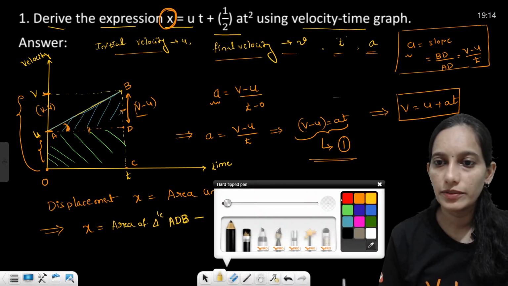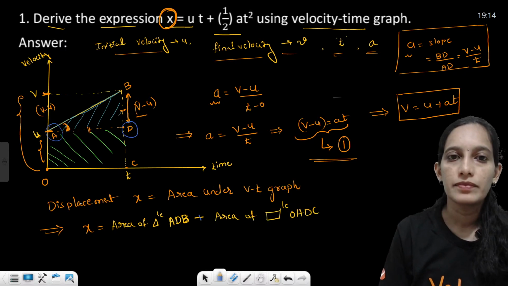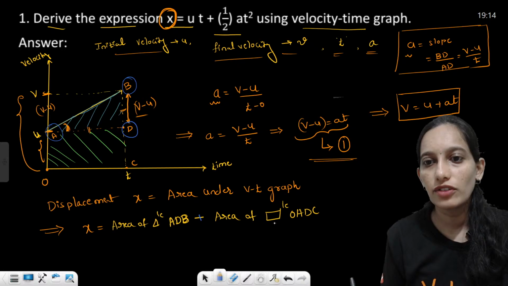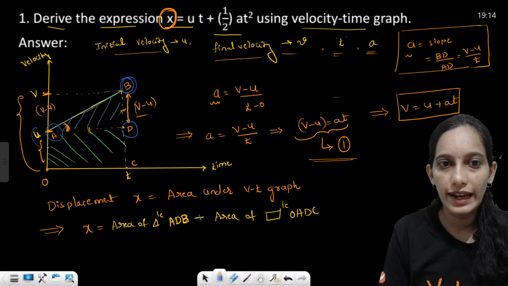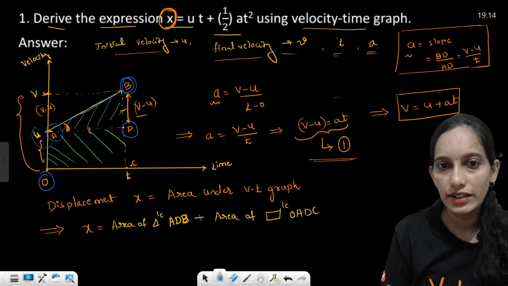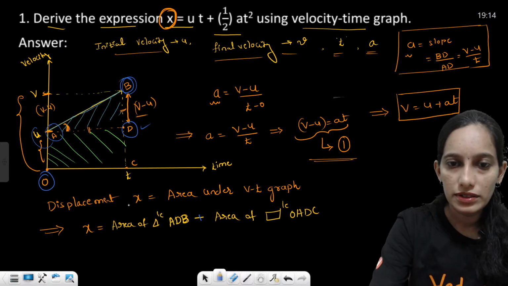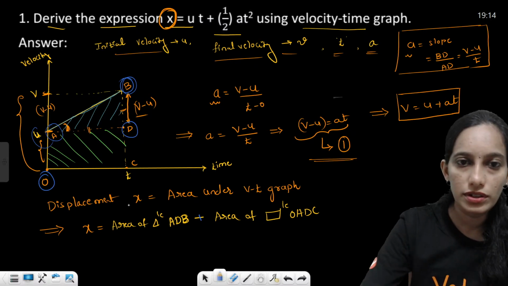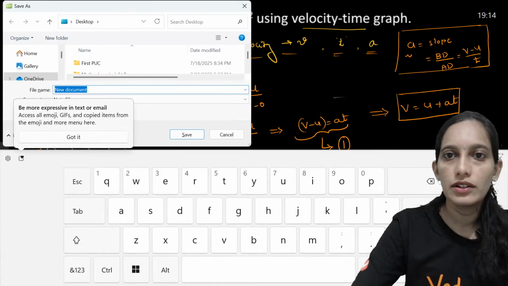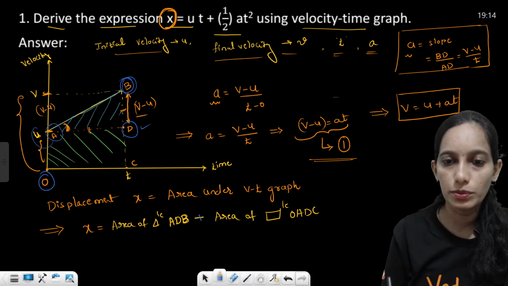The triangle is here, A, D and B, and the rectangle is O, A, D and C. There is some fluctuation in this, just a second. I think it will work now. So this total area we are supposed to find out.